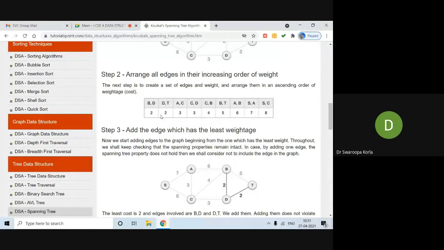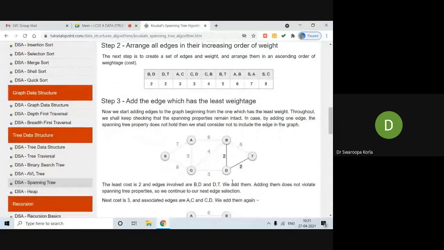See, I'm selecting 2, B to D, and the next minimum weight value is what? Again 2. But when you are inserting this edge, you need to check whether it forms any loop or not. Because basically a spanning tree should not allow any loop, should not allow any cycle.